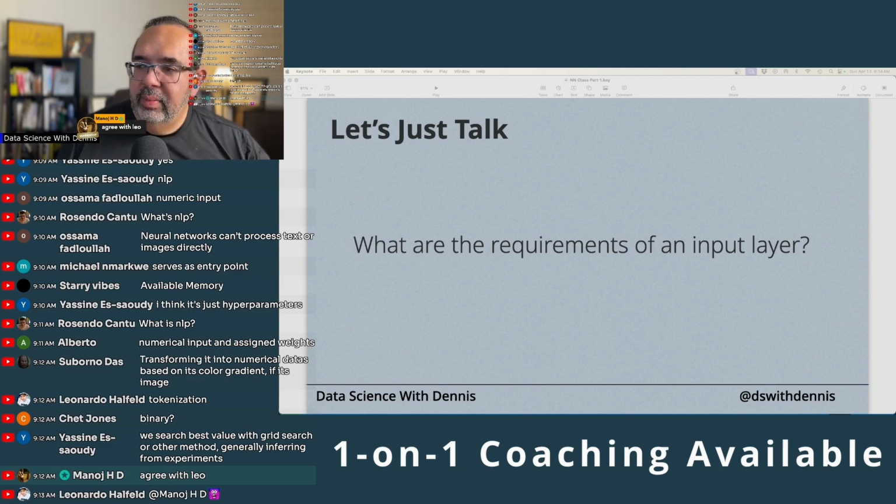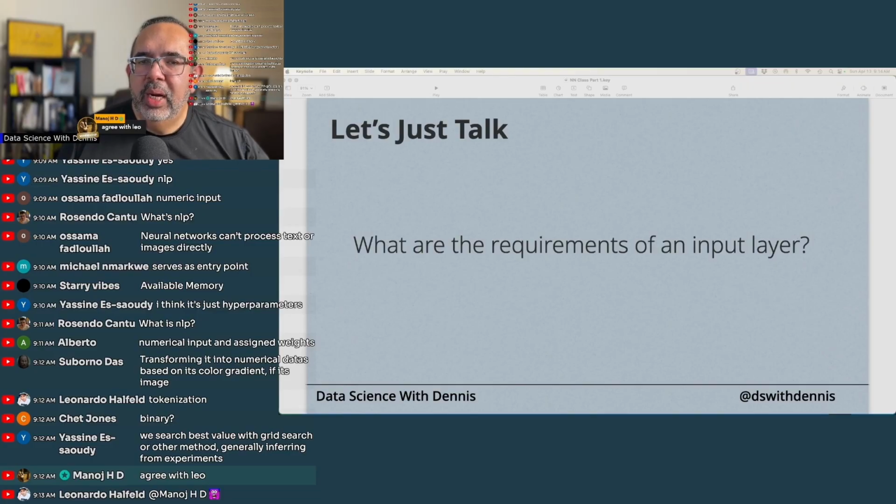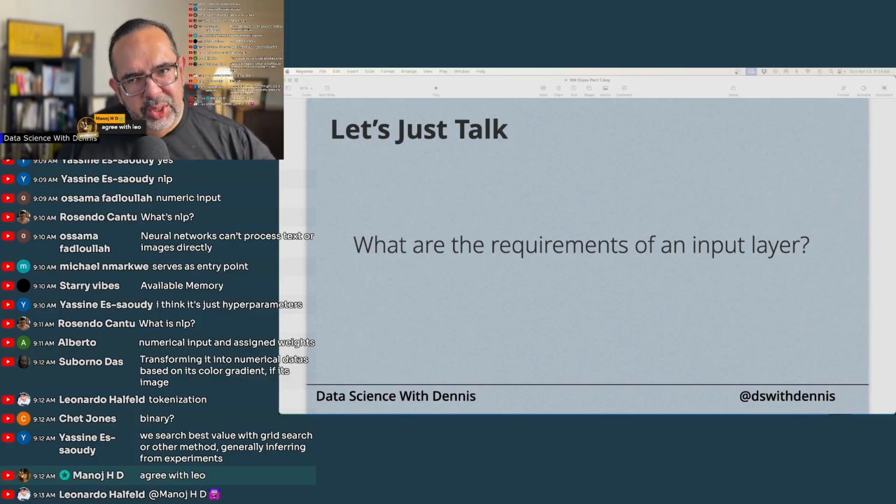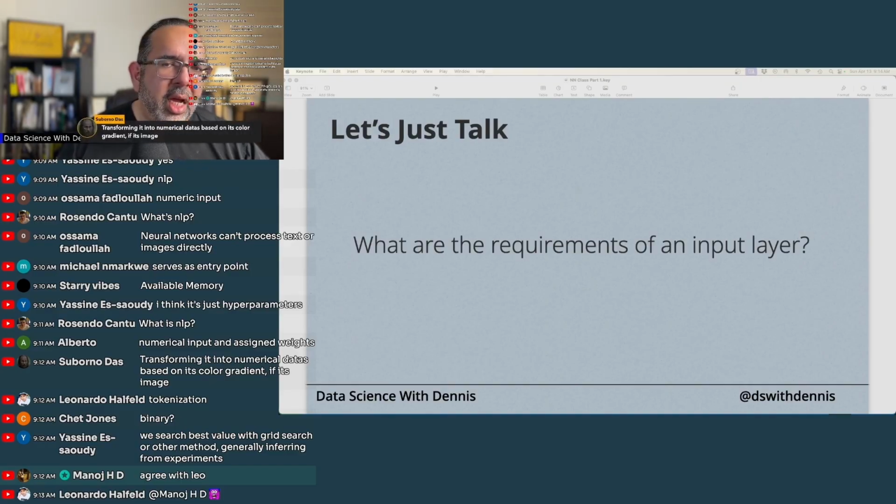And what we're really talking about is data pre-processing. Not cleaning, but data pre-processing, where sometimes, even after cleaning and all that preparation, you have to work with your data to get it ready for neural networks. So who was it? Soborno. Soborno is talking about the same thing, except in image processing, you don't need to do that, right? Because image processing does have numerical values, but in most cases, it's going to have more than one numerical value per pixel.